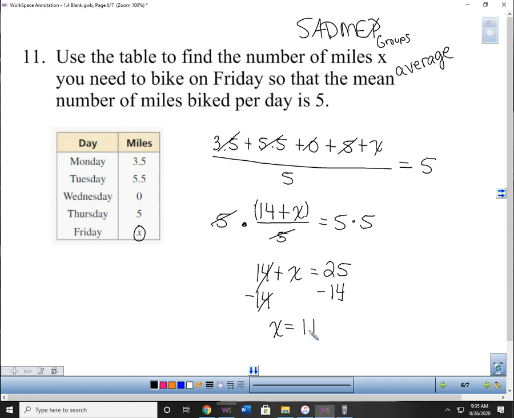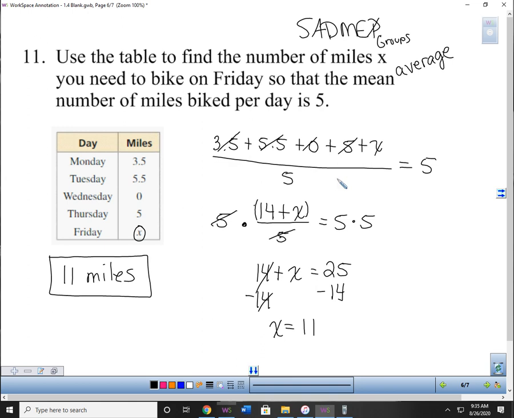So in order for his average to be 5 miles a day on Friday, he's going to have to bike 11 miles. So our answer would be 11 miles. We always have a unit of measure. All right. So keep that in mind for those ACT questions that ask you about the test scores.